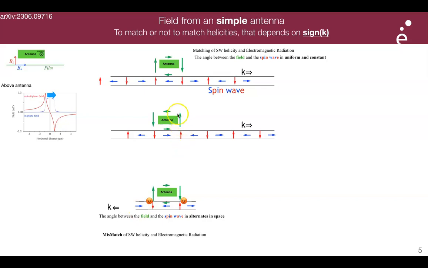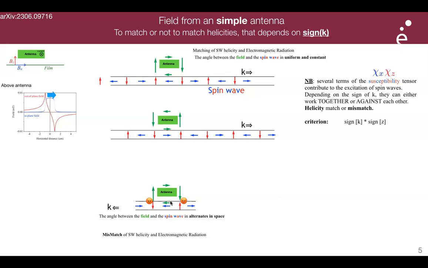So it means that the helicity of the electromagnetic field radiated by the antenna either matches with the helicity of the spin wave or it doesn't match. And this will yield different excitation efficiency of the spin waves. So you see that in the excitation problem, you have to consider the position of the antenna with respect to the field, whether it's above or below.